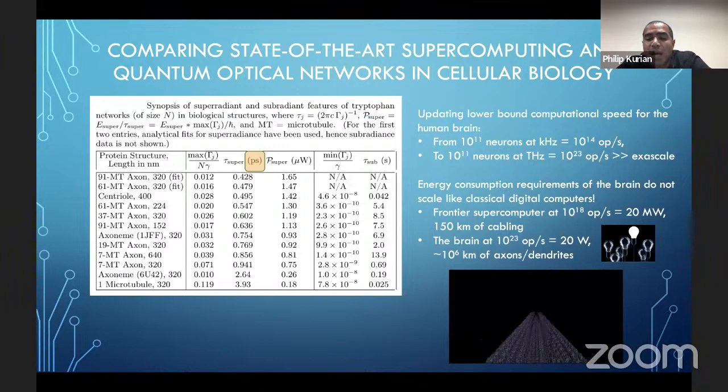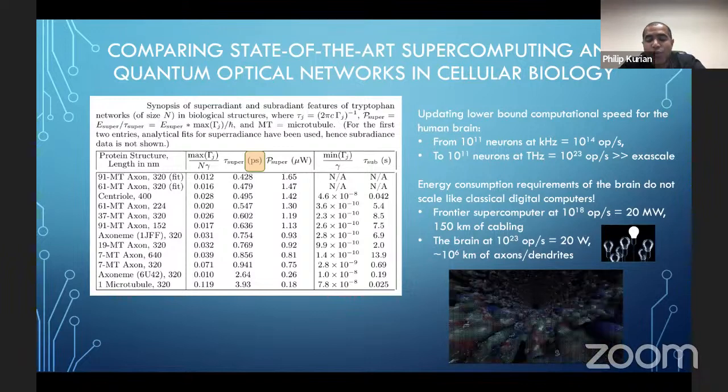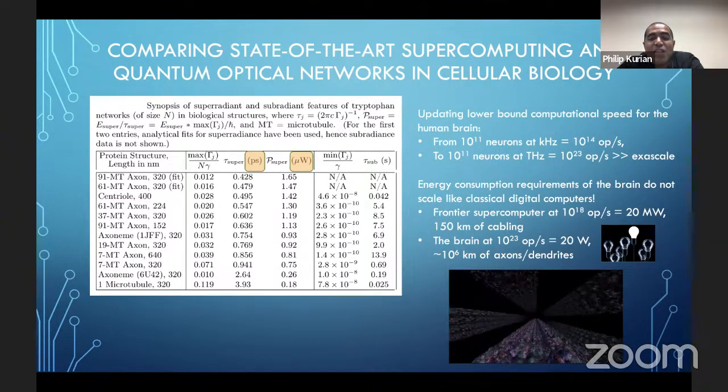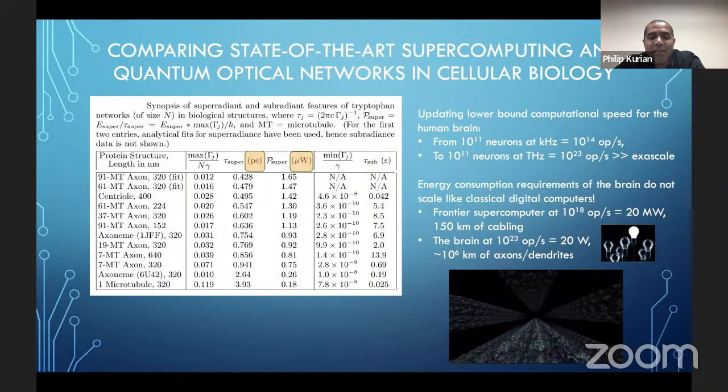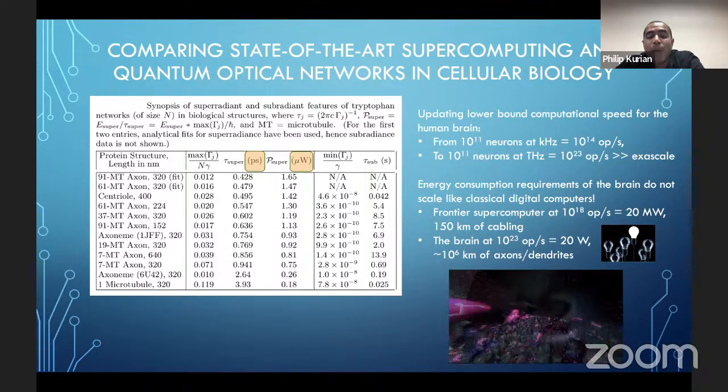And this is using many more kilometers of axons and dendrites if you were to extend them out. So keep this in mind, noting that on the timescale of these superradiant states you have a power output on the order of microwatts.